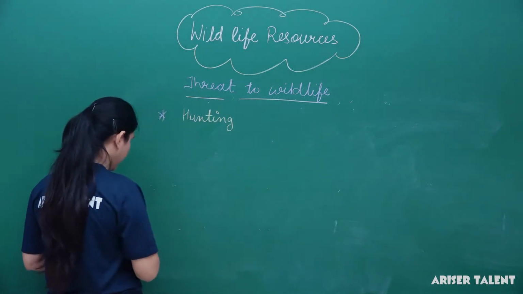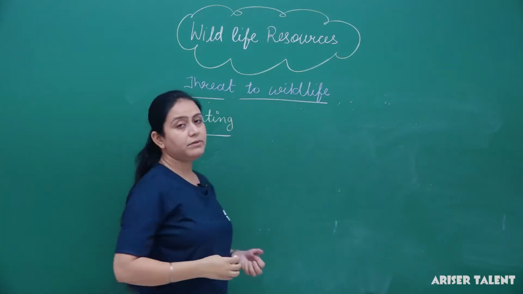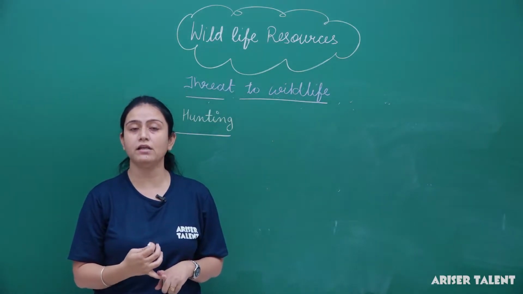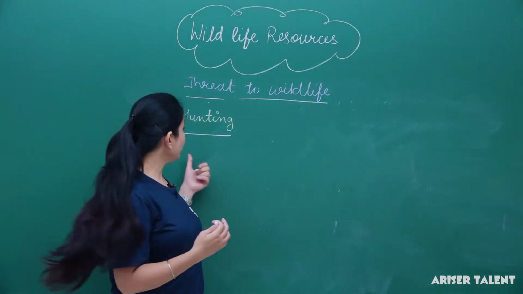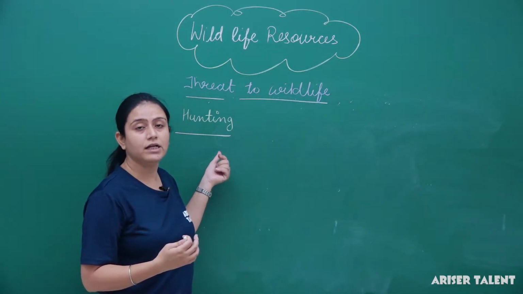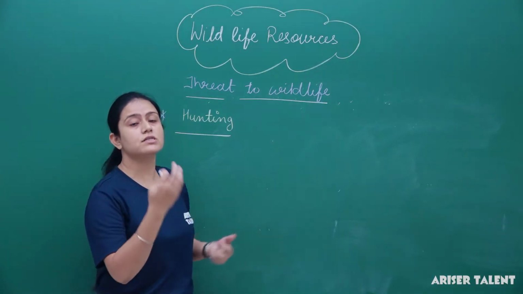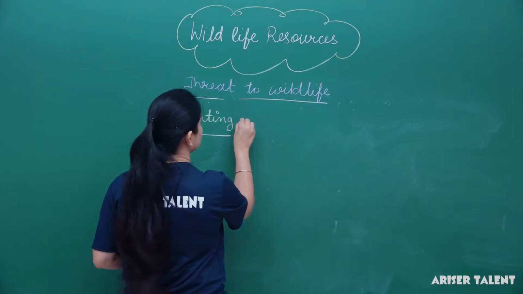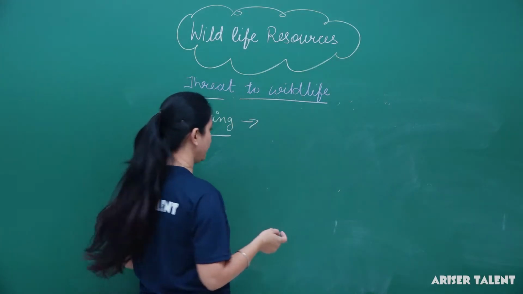What is hunting? Hunting means when the animals are being killed for their products like skin, for food. So sometimes animals are being killed and this process is known as hunting. So this is the biggest threat to the wildlife animals, or we can say this is the biggest threat to the wild animals.